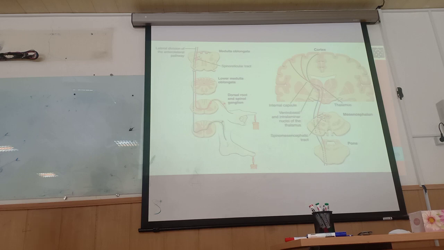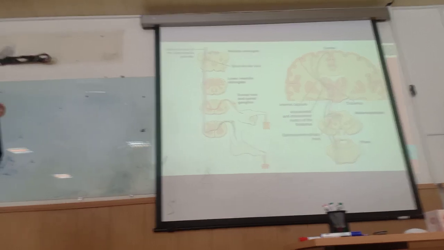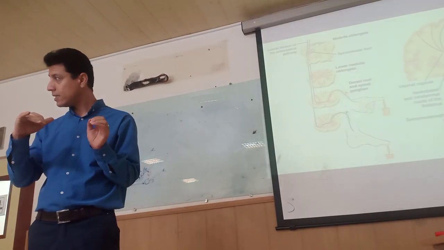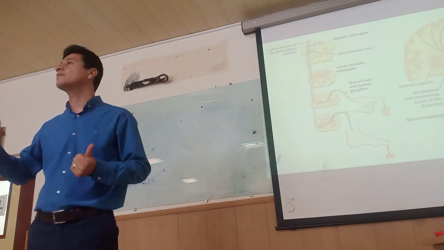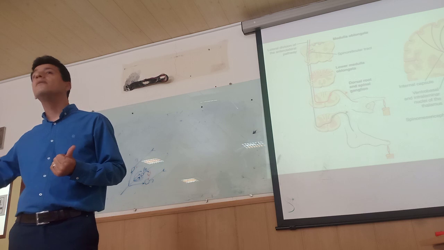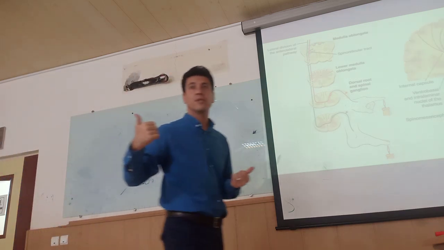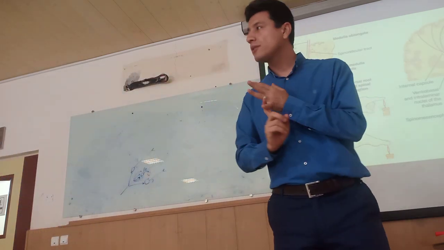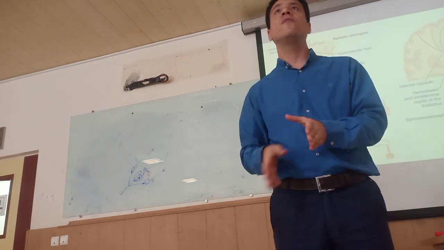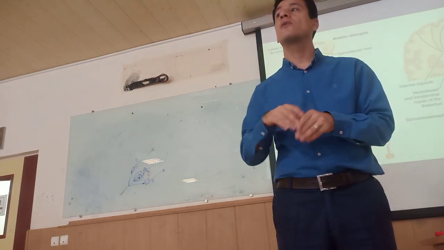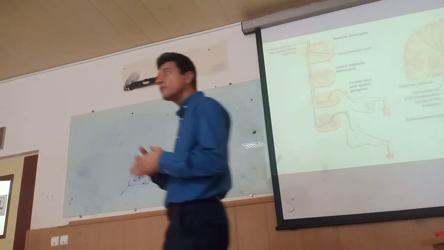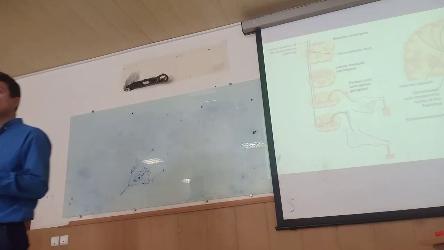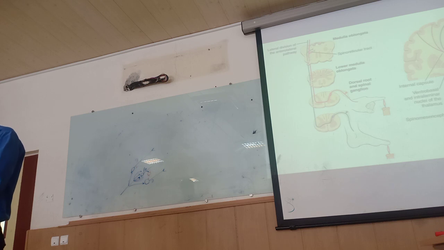The main difference is the location of the cross, right? The cross here happens in the spinal cord, but in the DCML it happens in the medulla. It's very important. So, pain signals are conveyed through the spinal cord contralaterally. But touch signals are conveyed through the spinal cord ipsilaterally.